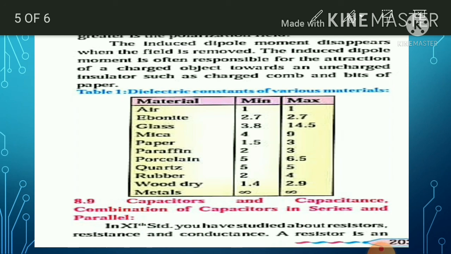So what is meant by capacitor, what is meant by capacitance, and the combination of capacitors or condensers in series and in parallel arrangement are studied in the next point.